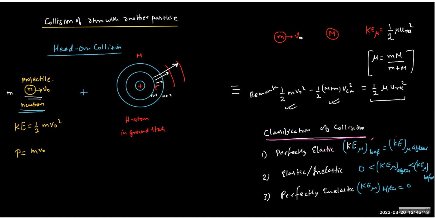So if it is less than 20.4, then what will happen? It will not be taken by the electron. So the electron will remain in the ground state, and the kinetic energy in the CM frame before and after will be the same, and we call it a perfectly elastic collision. Does it make some sense to you guys? Yes, sir.